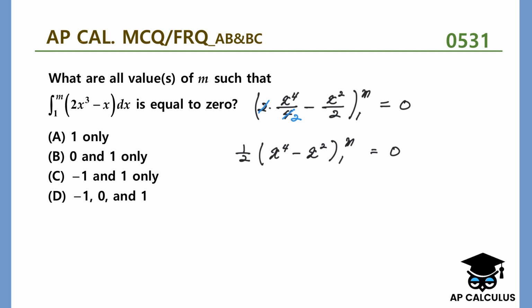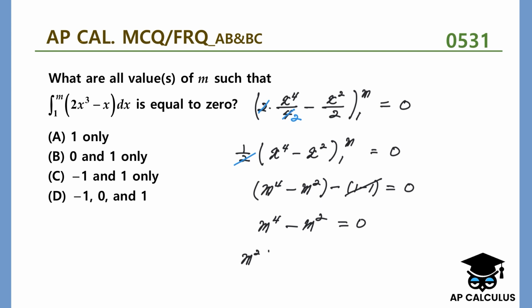So multiply by 2 each side, then this will be eliminated. Now substitute m and 1. M to the 4 minus m squared, minus, if we substitute 1, that's going to be 1 minus 1, which is 0. So we have m to the power of 4 minus m squared equal to 0. Now factor this.